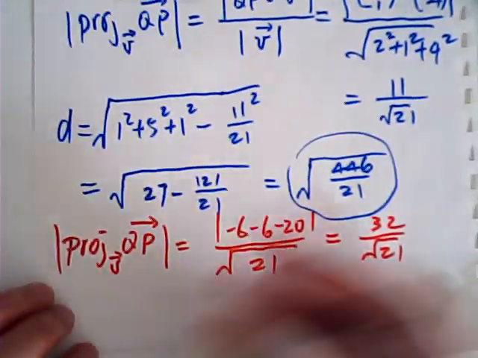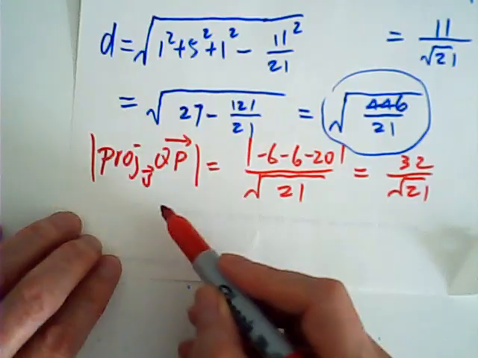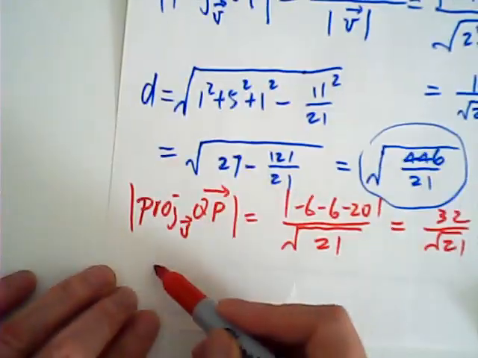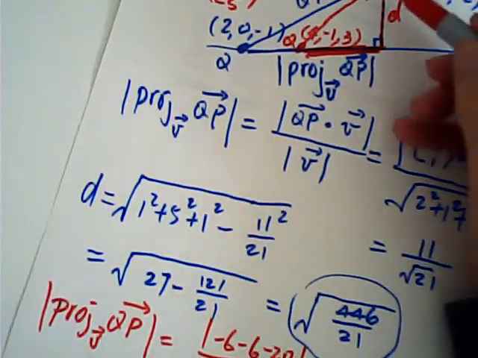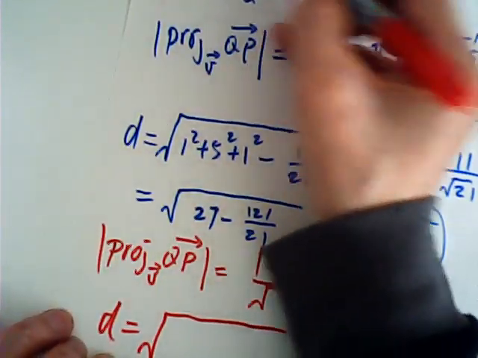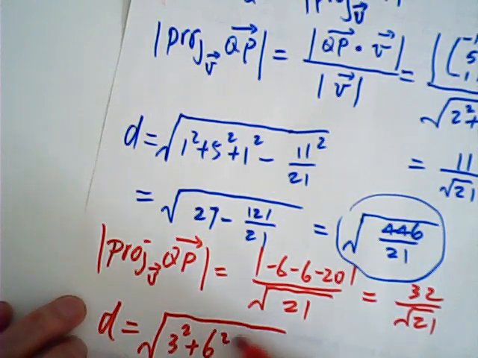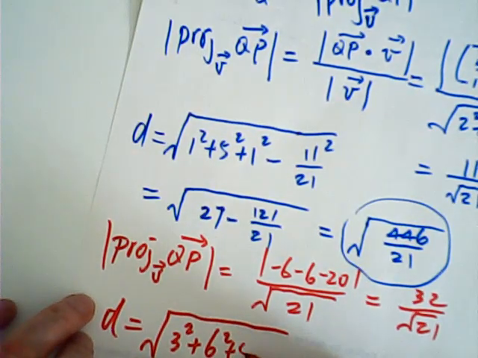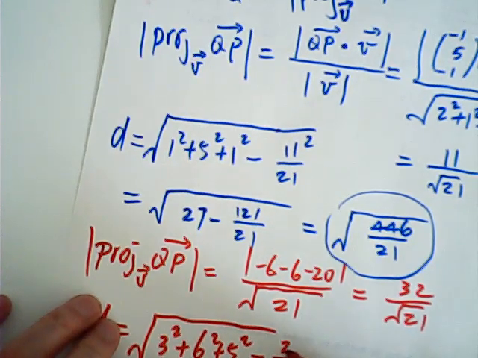Well, anyhow, these are just tedious calculations. Then we're looking for D. D is a square root of QP, new QP, 3 square plus 6 square plus 5 square minus 32 square over 21.